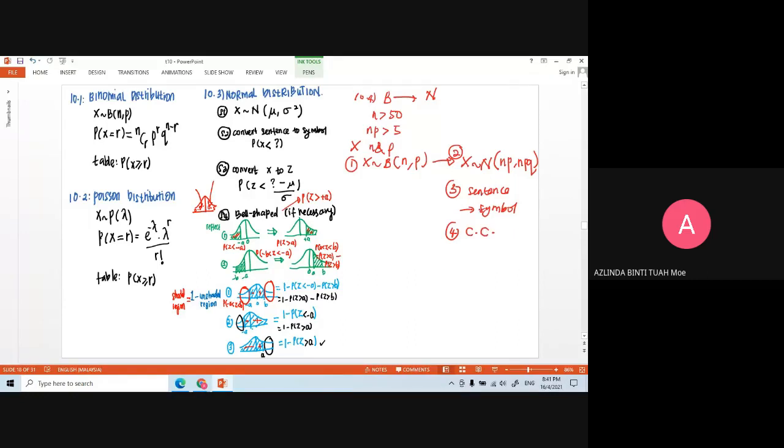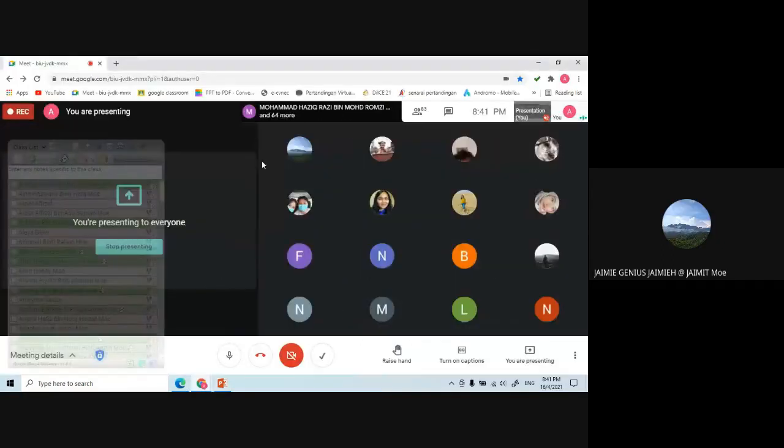Okay, what is the reason that we have to do continuity correction? Why? What is the reason to do continuity correction? Anyone? Supaya boleh buat box method.